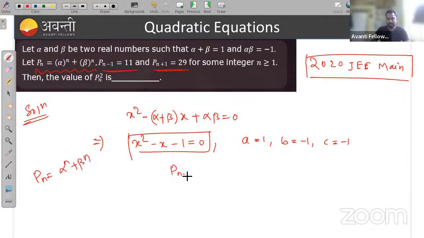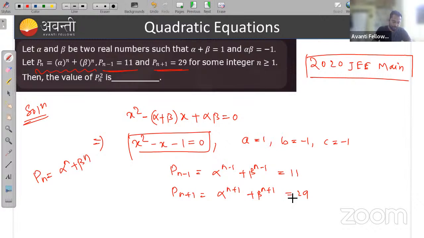So Pn minus 1 will be alpha to the power n minus 1 plus beta to the power n minus 1, which is given as 11. And Pn plus 1 is alpha to the power n plus 1 plus beta to the power n plus 1, which is given as 29. So you need to find Pn square, right?